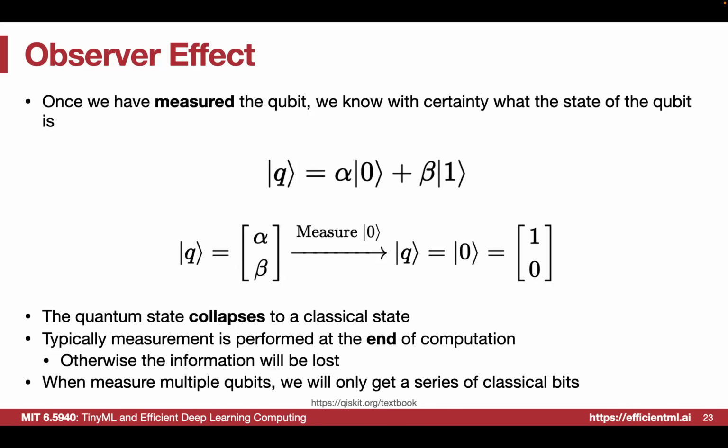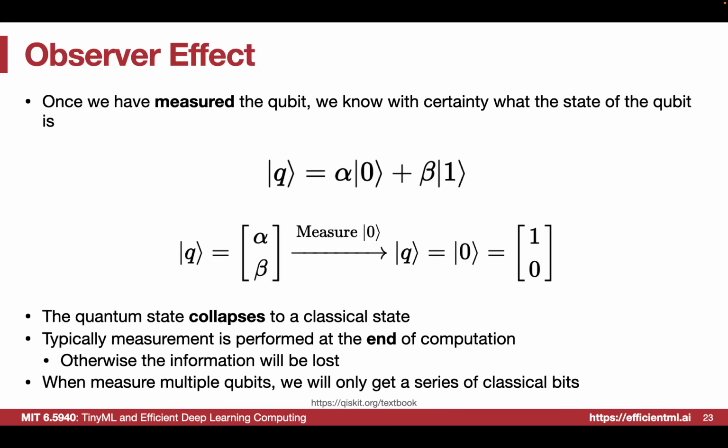Another important thing is the observer effect. When we measure these qubits, we can never directly know the state of the qubit beforehand. For example, assume the qubit is in the state alpha|0> plus beta|1>, and we already know that alpha squared plus beta squared should add up to 1.